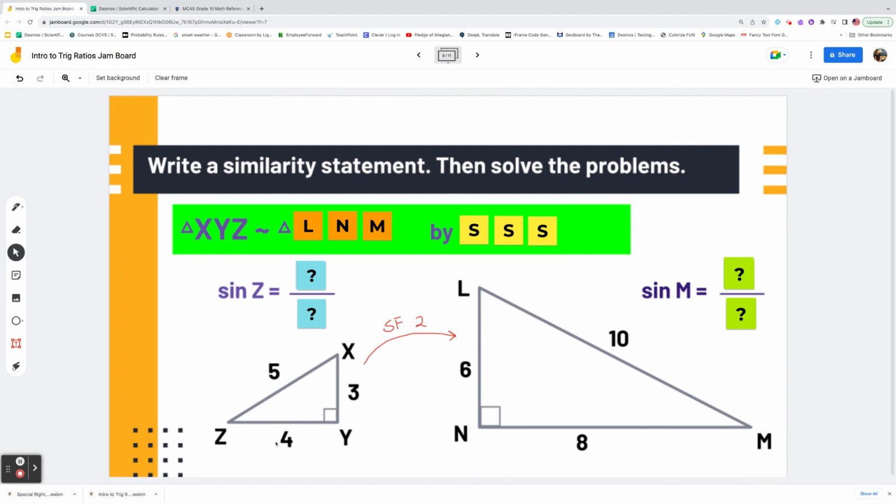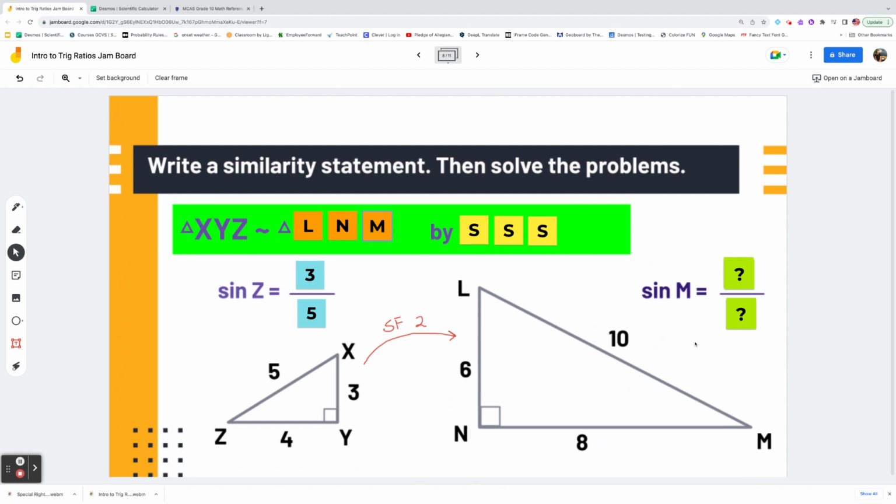The sine of Z, remember SOHCAHTOA, sine is opposite over hypotenuse, 3/5. So now we want to pay attention to the sine of Z. Z is the last letter in this triangle name. And what about the sine of M? Also the last letter.